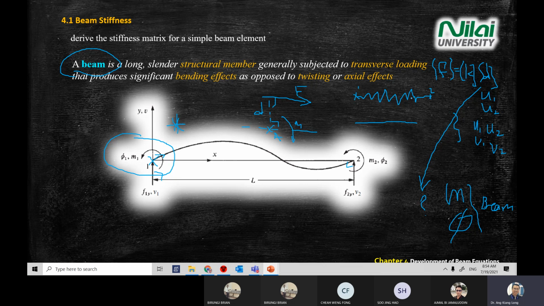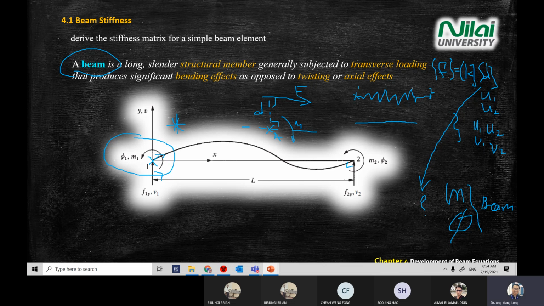When you solve for spring or bar, you will not see moment or angle of twisting in your D section. In your displacement, you will not see M and theta or twisting angle.